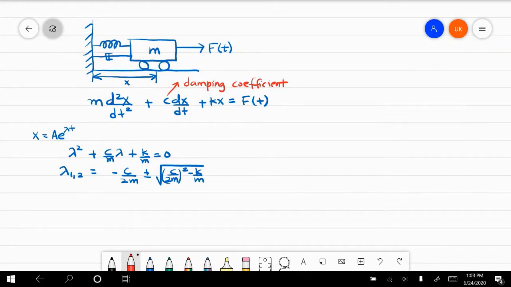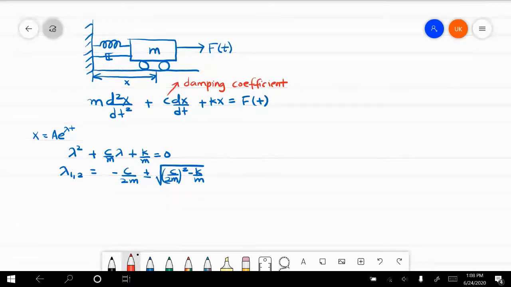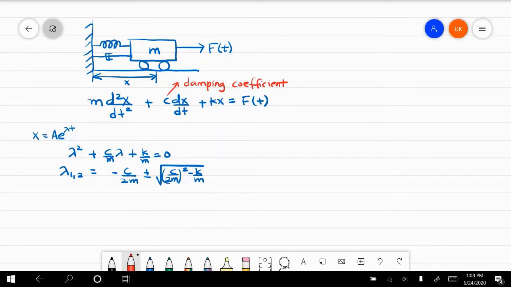It will damp out the motion, meaning it will slowly bring the motion to a halt. It will slow down the mass with time. So we assumed a positive damping coefficient, and we discussed three scenarios.